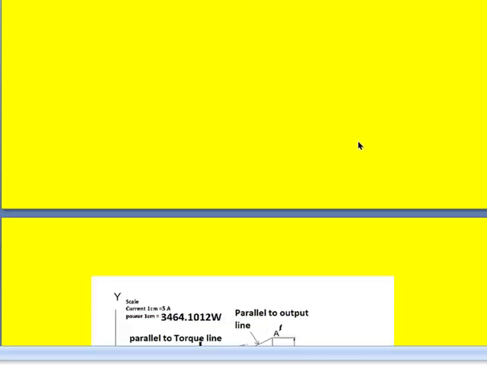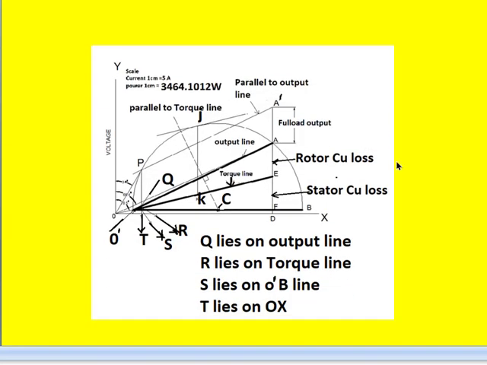So if you take the exact measurements, then we get the circle diagram like this.